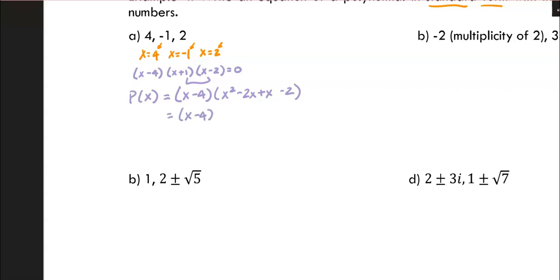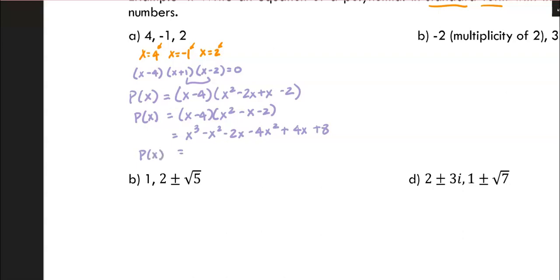Simplify: x squared minus x minus 2. Then x cubed minus x squared minus 2x minus 4x squared plus 4x plus 8.